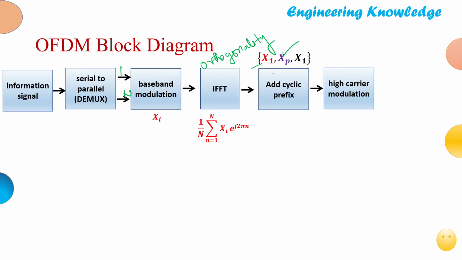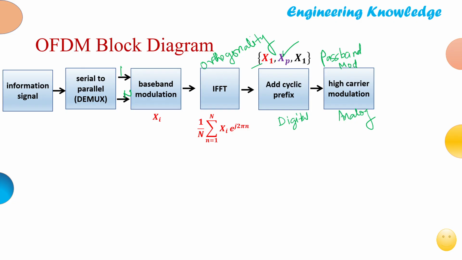We also have to perform passband modulation, which means we have to increase the frequency. First of all, the signal is digital at this stage, and the communication channel is analog, so we want to convert it into analog. How do we convert a digital symbol into an analog symbol in communication systems?